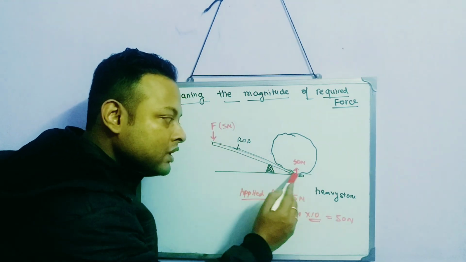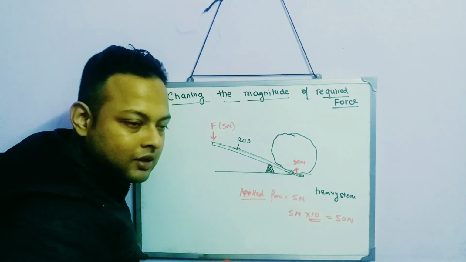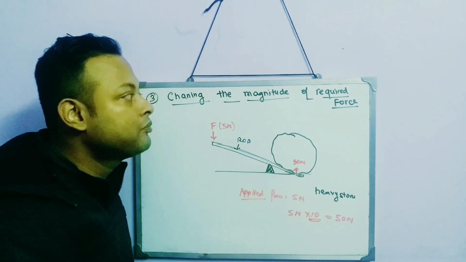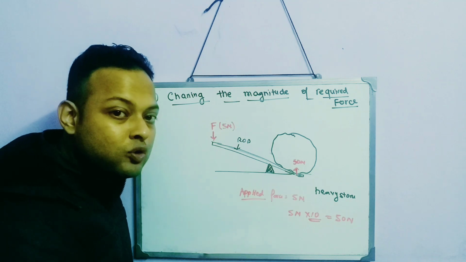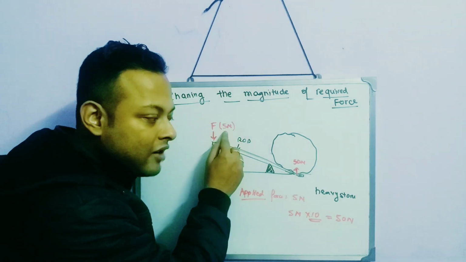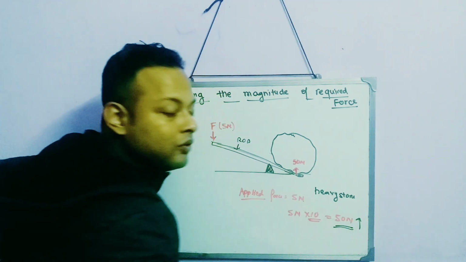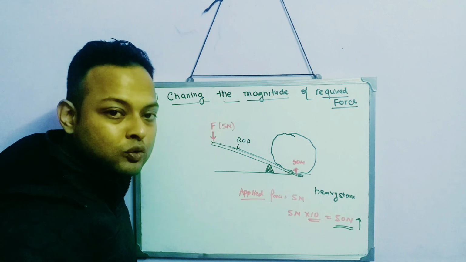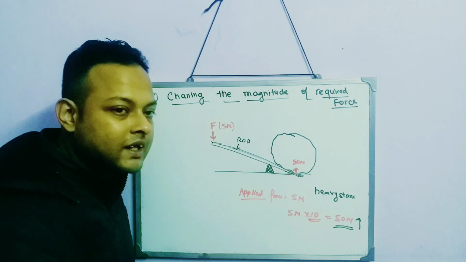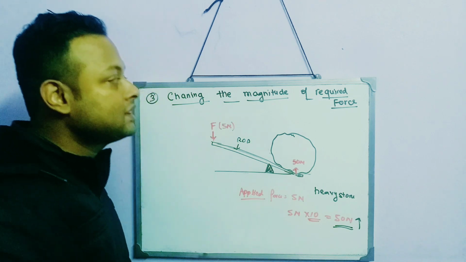So on this end my force is just 5 Newton. But by using this rod and this arrangement, my force is getting multiplied. The magnitude of the force is getting increased. Previously 5 Newton, now increased to what? 50 Newton. And this 50 Newton of force is enough to move this rock. So what can I say?